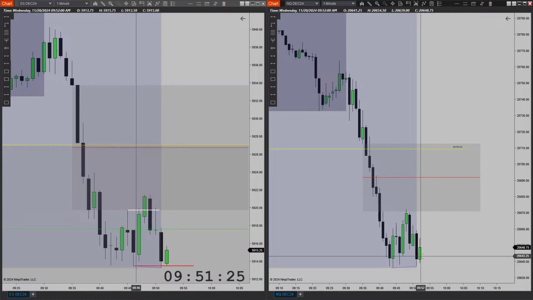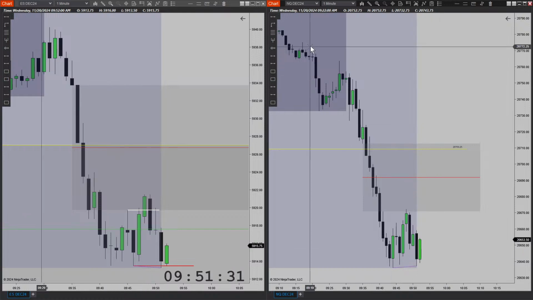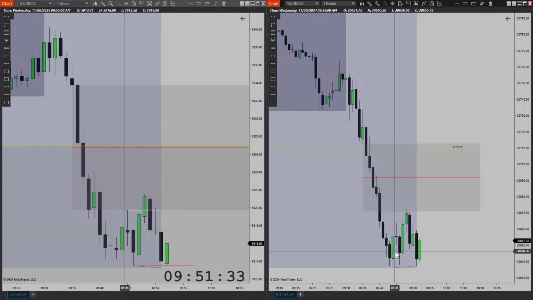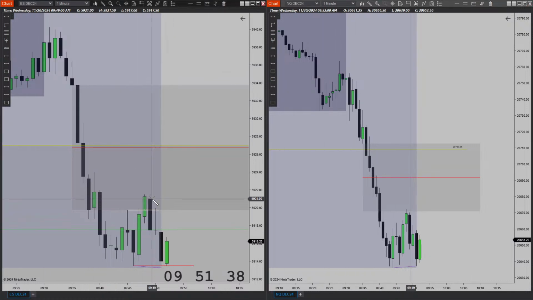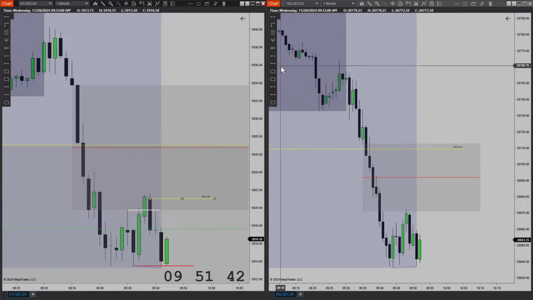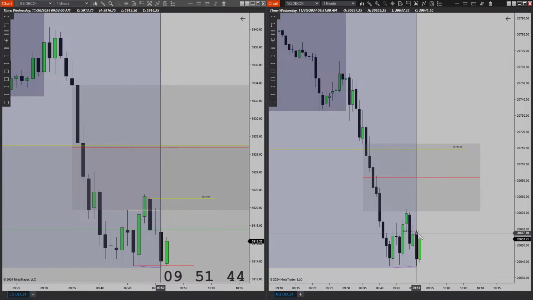And now I want to see displacement through those highs, and this would become the order block if this is going to be the reversal.